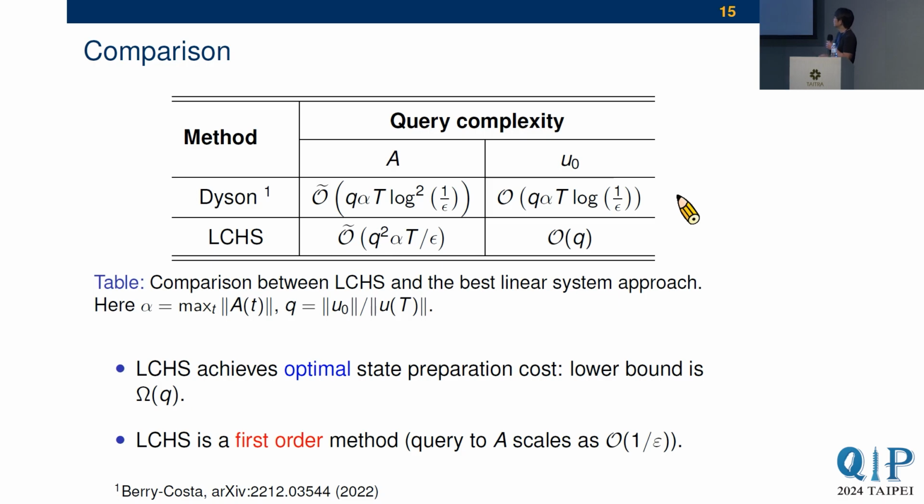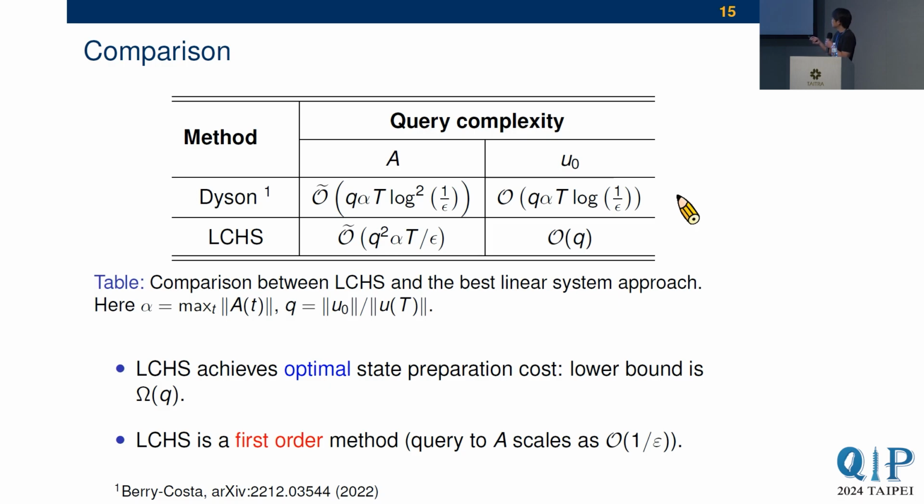That's the nature of the problem. However, because you use a linear system solver, the number of queries to the initial state cannot be too low. Especially, the number of queries to the initial state depends on t. In fact, Rolando Somma has lower bounds showing that in general you cannot expect to do much better than that.